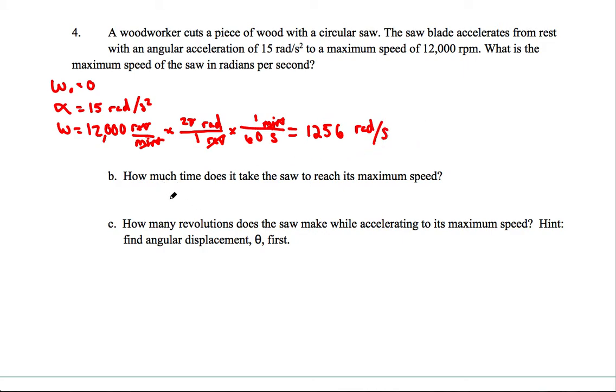How much time does it take? Well, I have the acceleration, and if I want to know what time is, my acceleration is my change in angular velocity divided by time. So that means that my time is my change in angular velocity divided by acceleration.